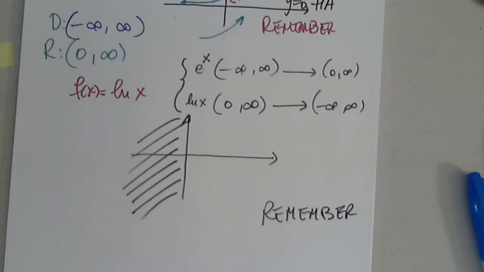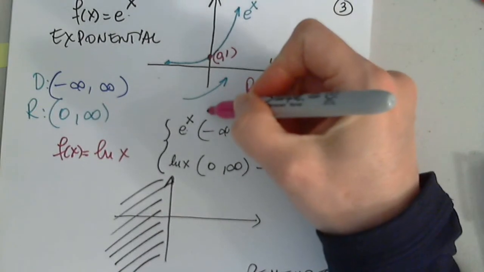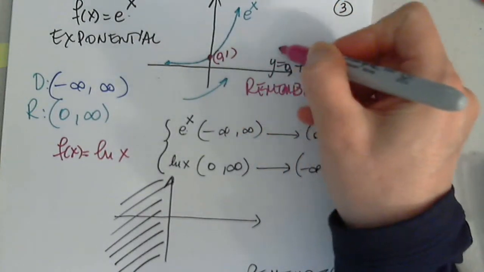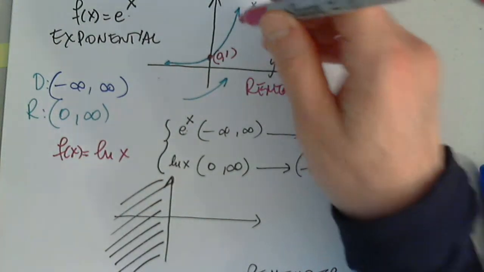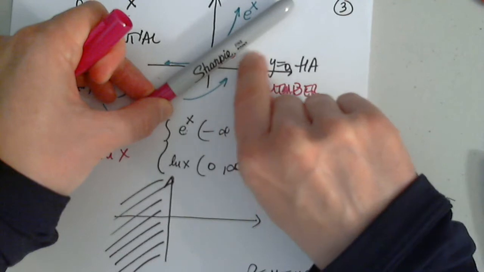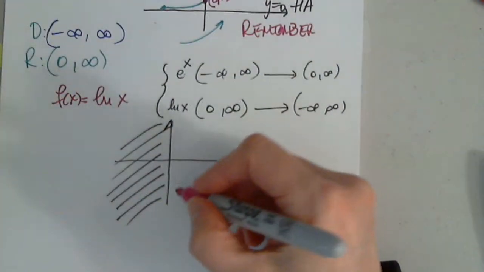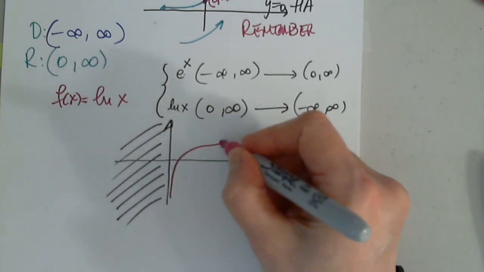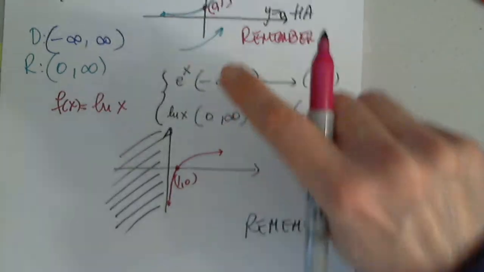So then the graph is symmetric with respect to y equals x. The graphs of the function and the inverse have to be symmetric with respect to the line y equals x. So here's the graph. And of course, it has to cross at (1, 0) because this one crosses at (0, 1).